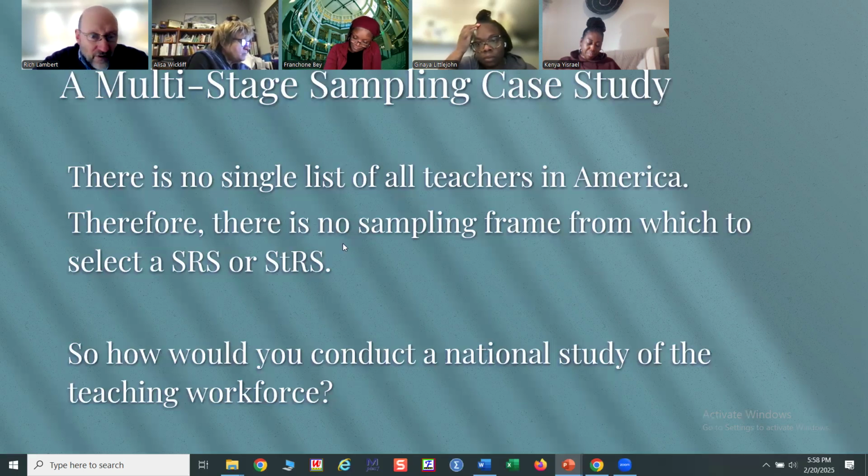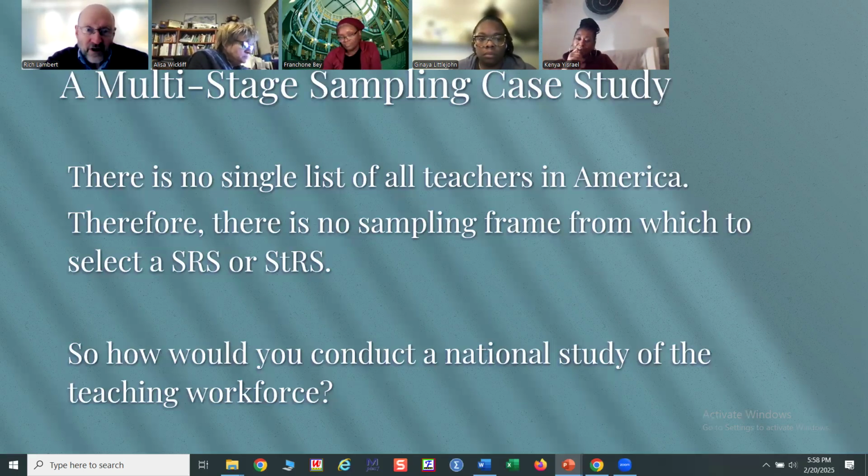Okay, so leaving all that aside, that's exactly the right answer. There is a list of all the schools in America. So what we could do then is we could do cluster sampling or multi-stage sampling to get a nationally representative sample of teachers. So let's think about that.